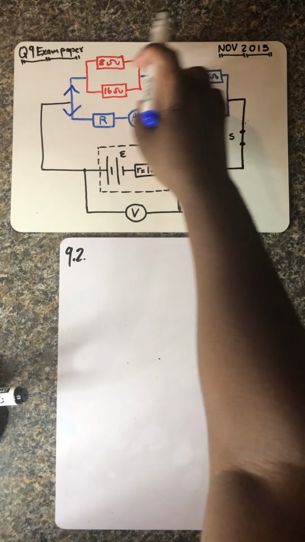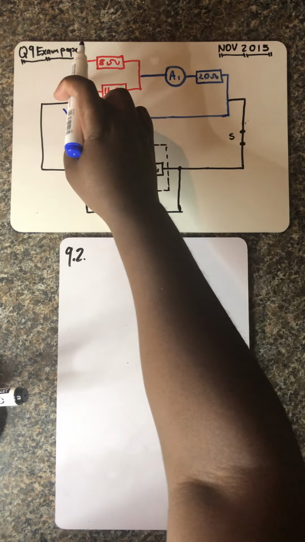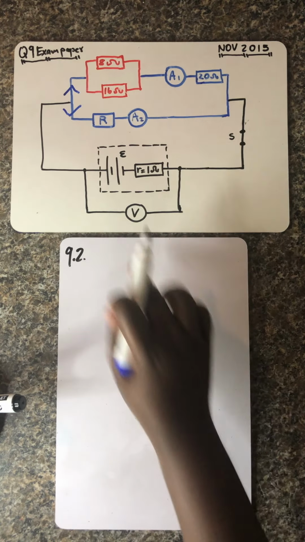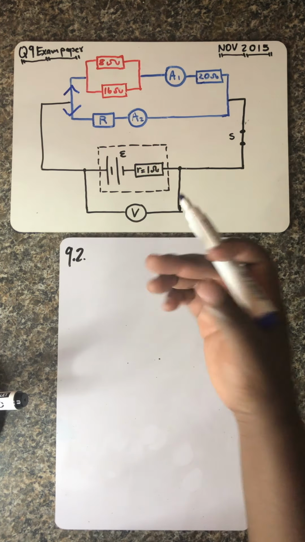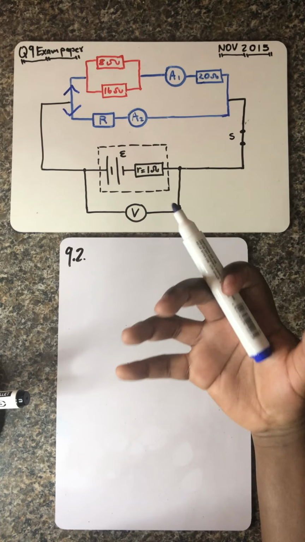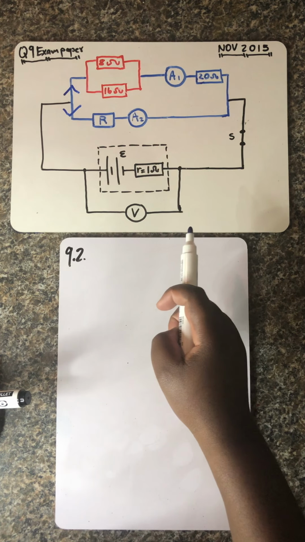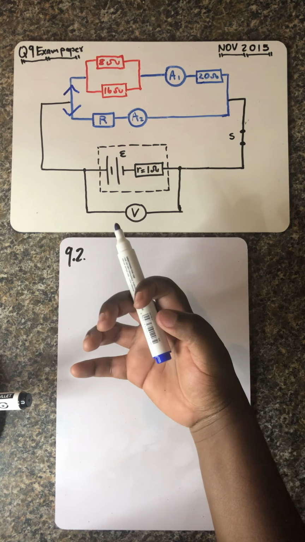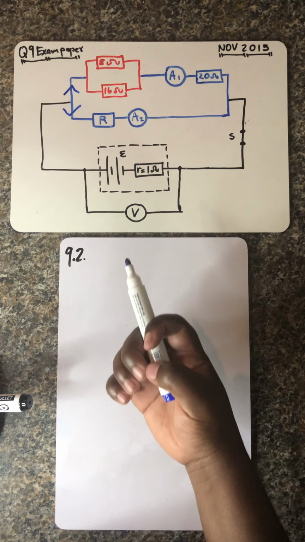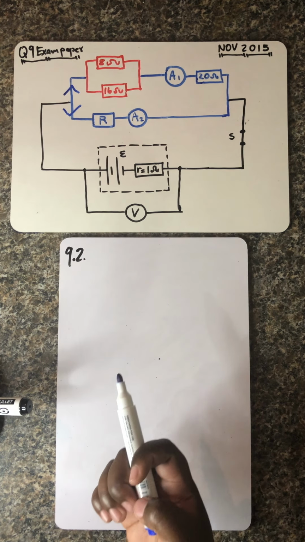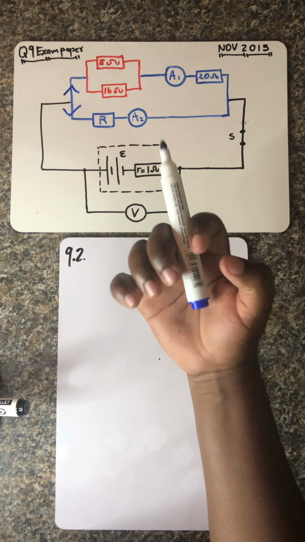If you've got too much resistance on this side, then more current will obviously flow through this side because there's less resistance on this side. So the more the resistance, the less the current flowing.